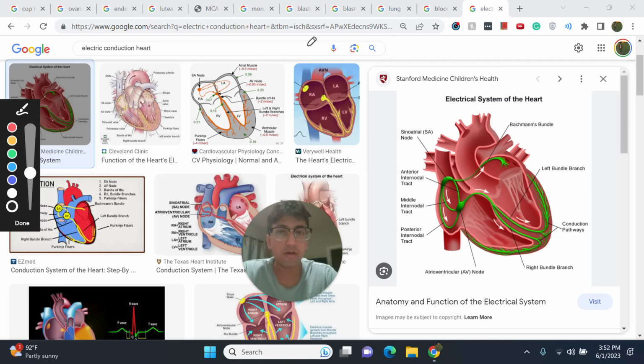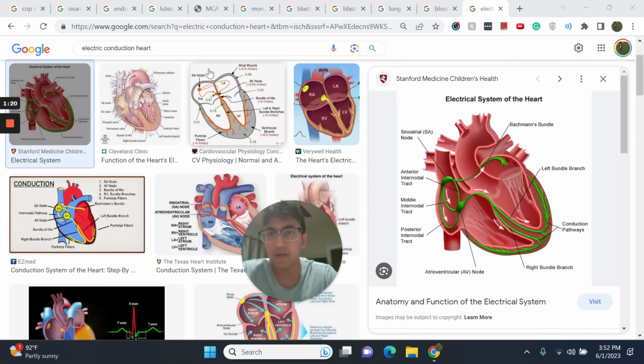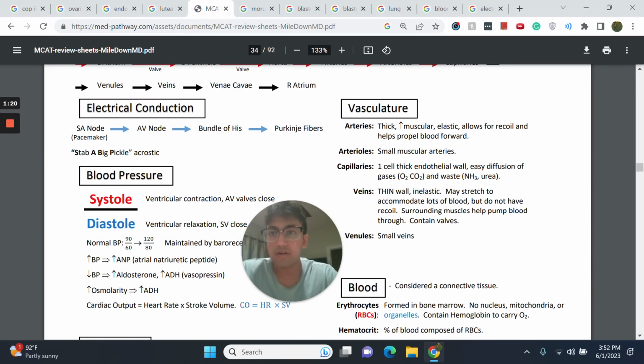I think it might be easier to just read this. So it goes from the SA node, which is the pacemaker of your heart, to the AV node, and the AV node is kind of slow. It'll wait for the electrical signals going from the SA node to the AV node and kind of slows it down, and then goes to the bundle of His and then the Purkinje fibers.